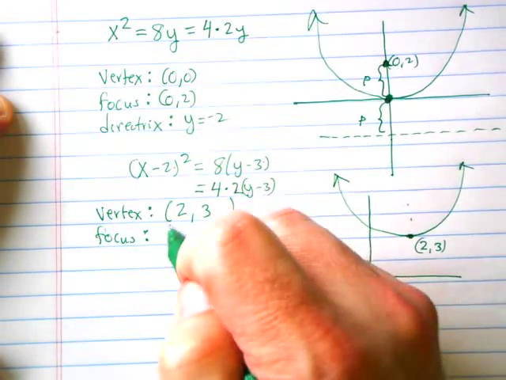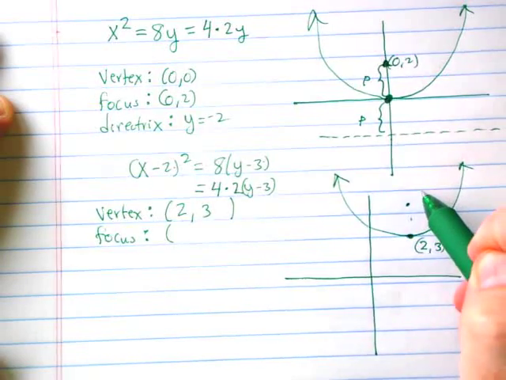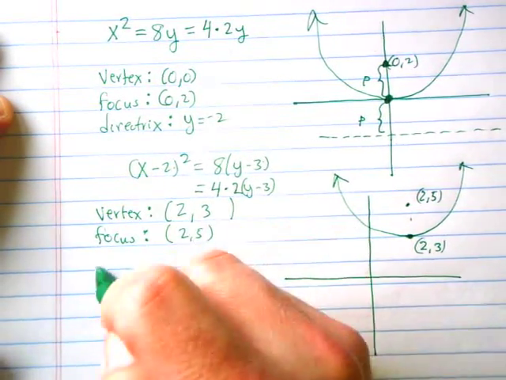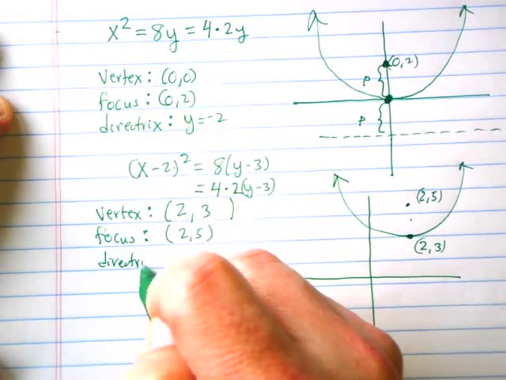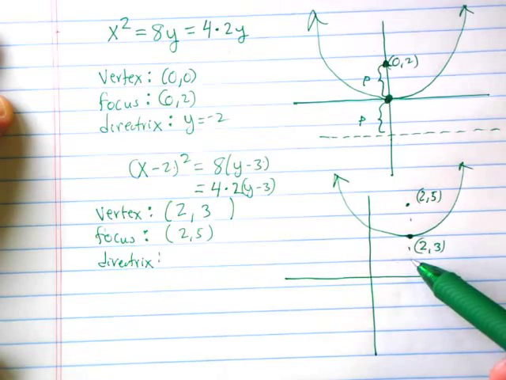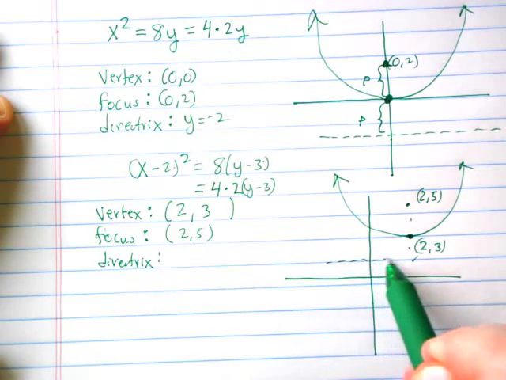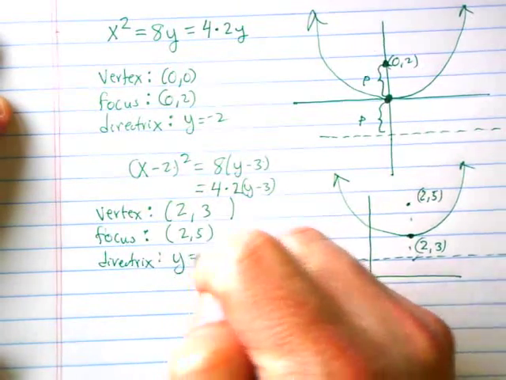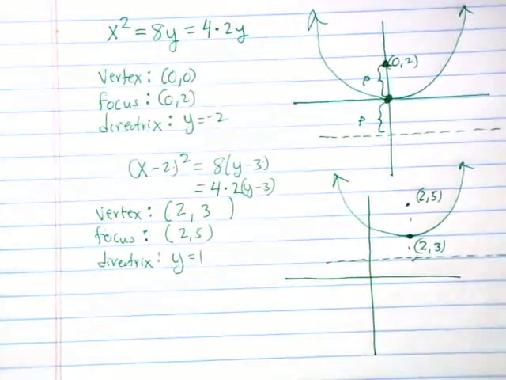So where would the focus be? 2, 5. And my directrix, I would start here and I would go down 2 steps. So what line is that? Y equals 1. Questions on that?